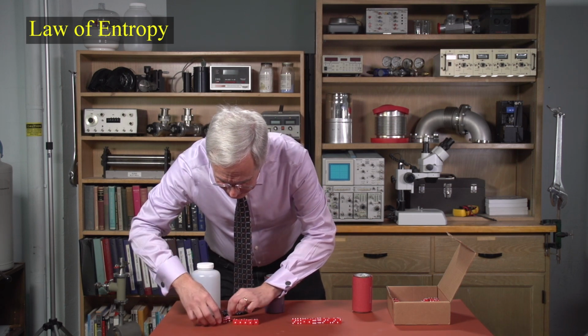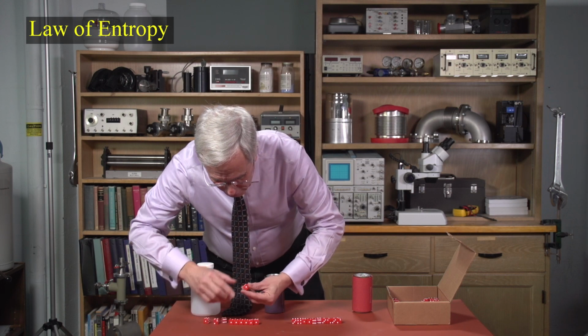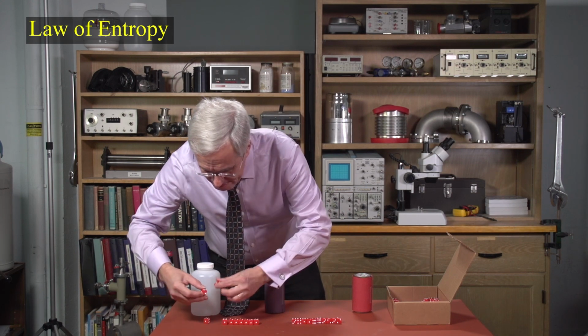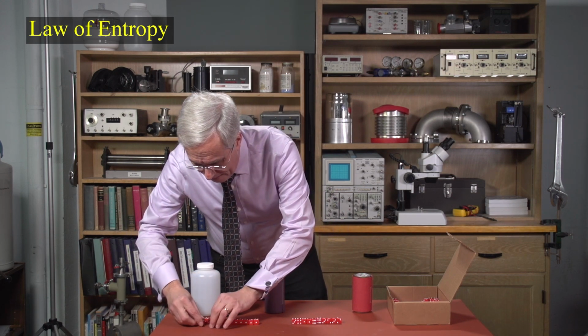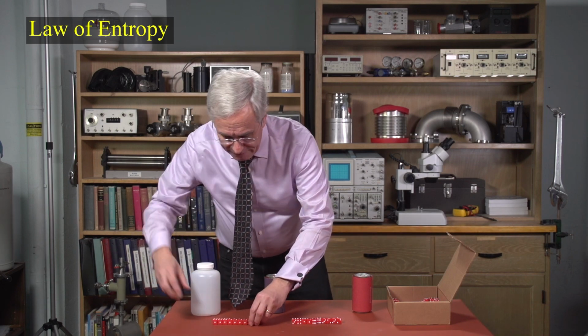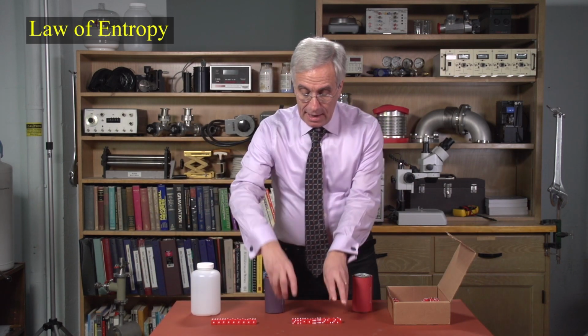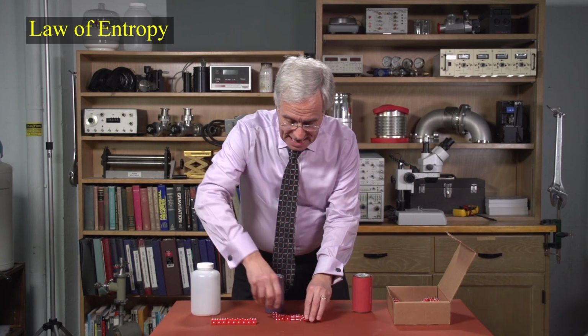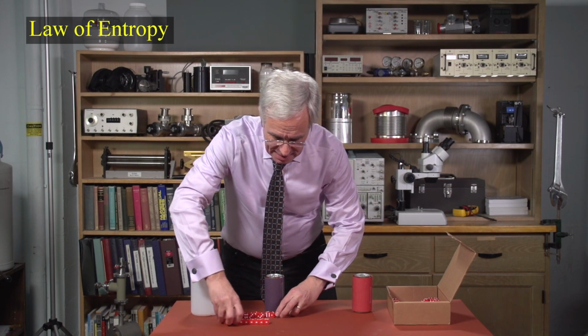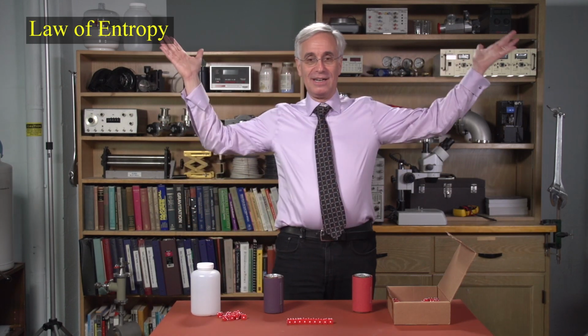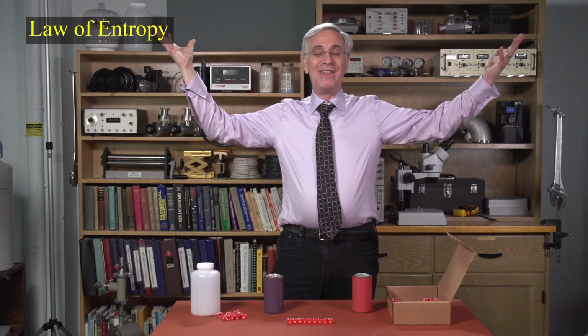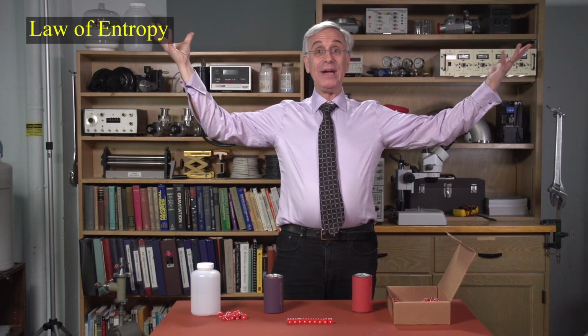Here they are, getting there. A few more to go. And now, if the system is not thermally isolated, I can send out the junk and bring in the order. Look, I created a system where the disorder decreased.